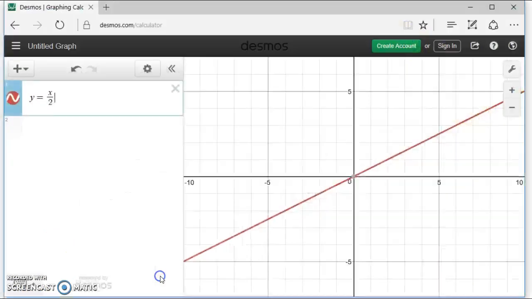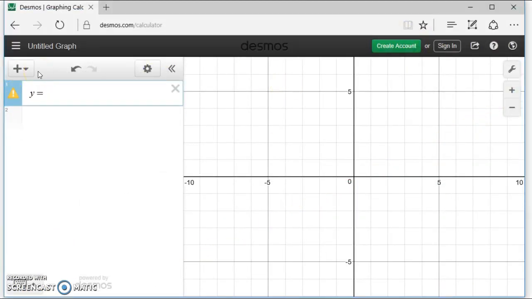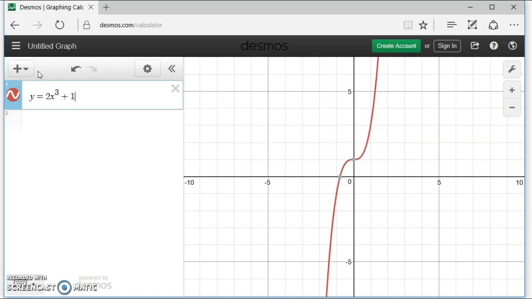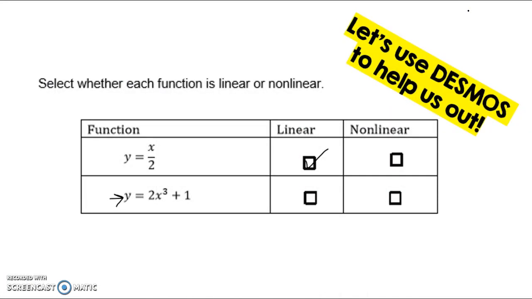And what we're going to do is we're going to check this out in Desmos. So y equals, I believe it was 2x cubed plus 1. Whoa, look at that crazy graph. That is definitely not linear. So when we're talking about linear, if there's an exponent, you should automatically know that it's not going to be linear.